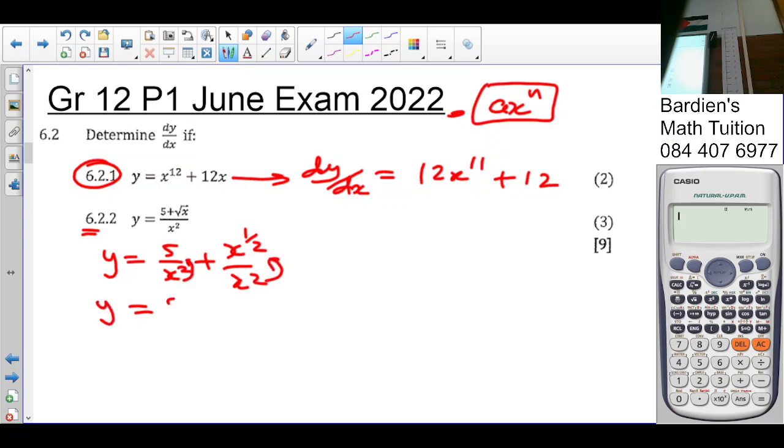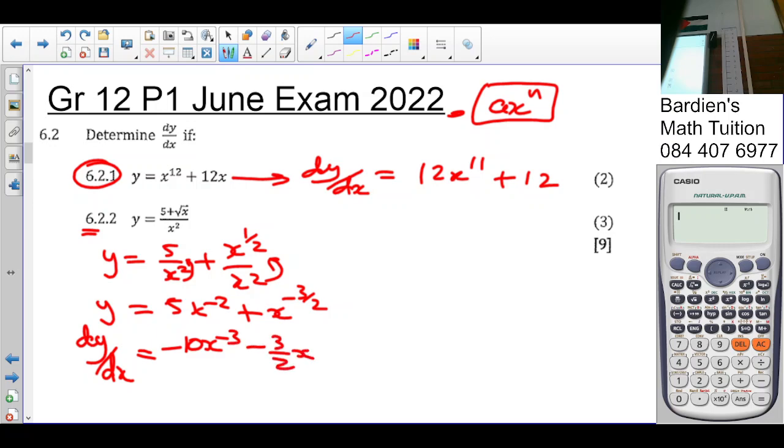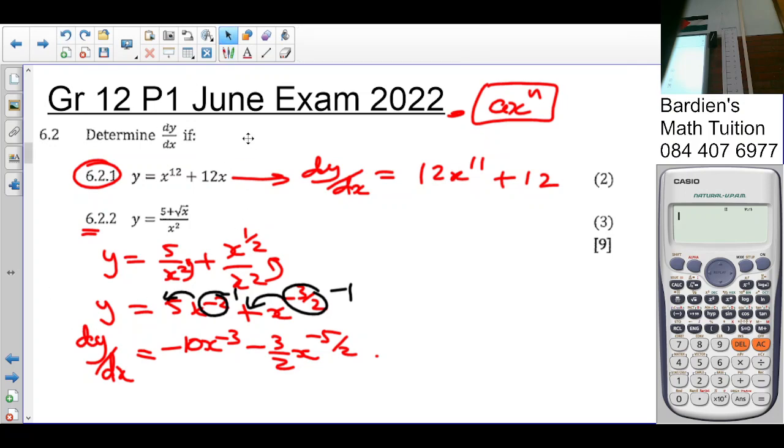So y is equal to 5x to the minus 2 plus x to the power of a half minus 2, which is negative 3 over 2. So dy over dx equals negative 10x to the minus 3 plus negative 3 over 2 x to the minus 5 over 2. Remember that the exponent gets multiplied by the coefficient and you subtract 1 from the exponent. And I've indicated the change there with the dy dx.